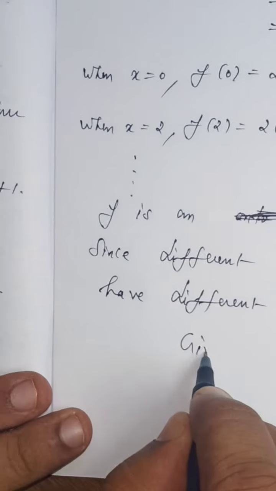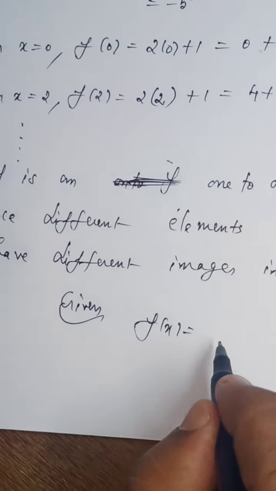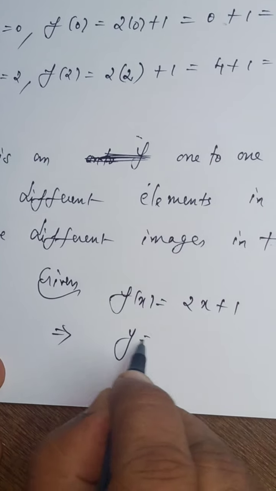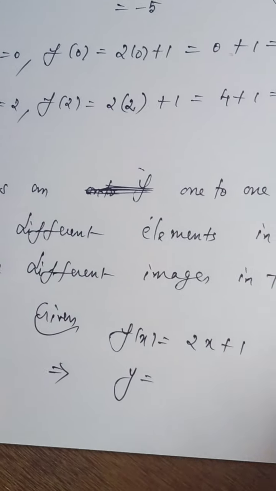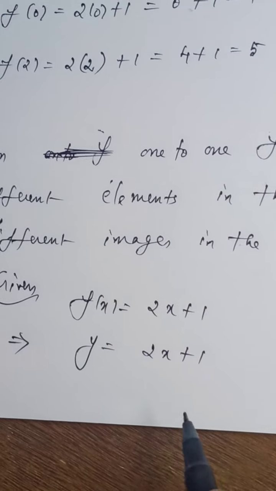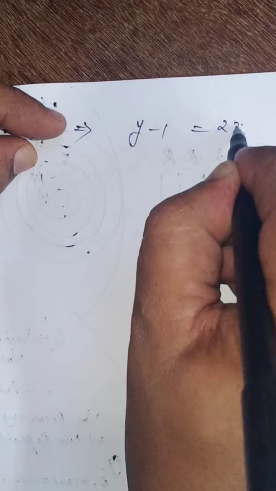What is given? f of x is equal to 2x plus 1. I consider f of x equal to y, that is equal to 2x plus 1. Already told you f of x and y are the same. So y equals 2x plus 1, which implies y minus 1 equals 2x.